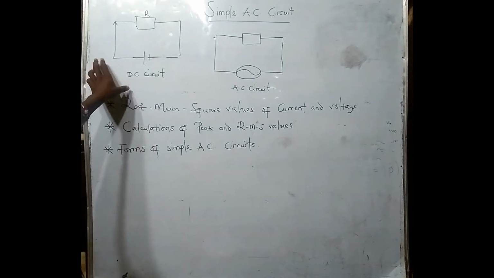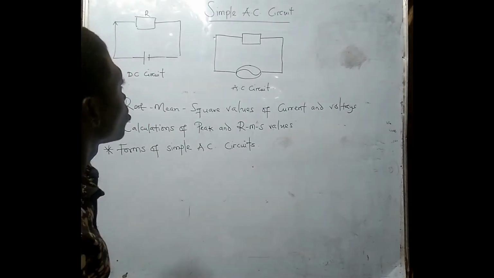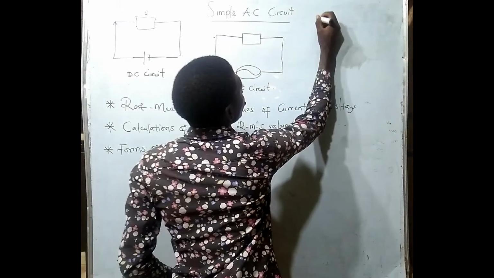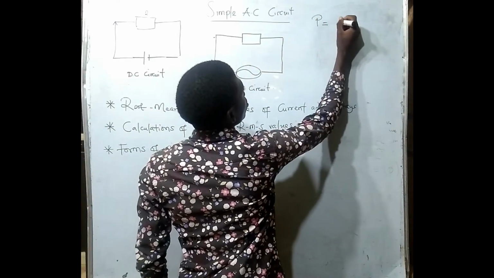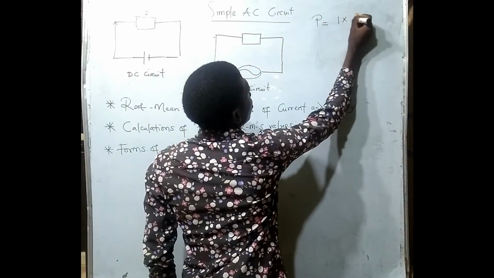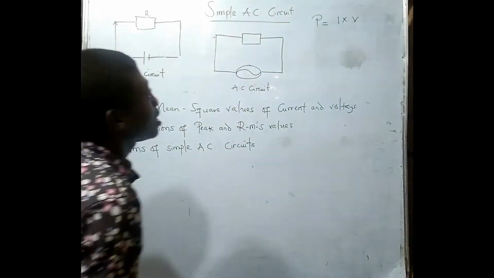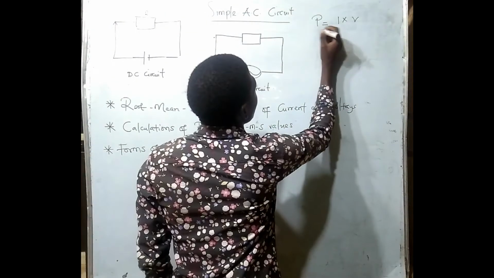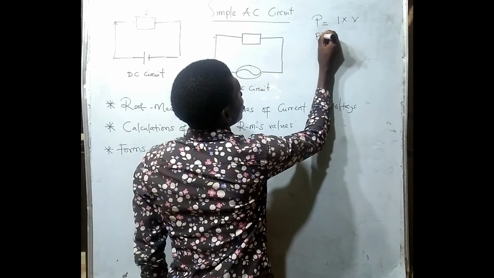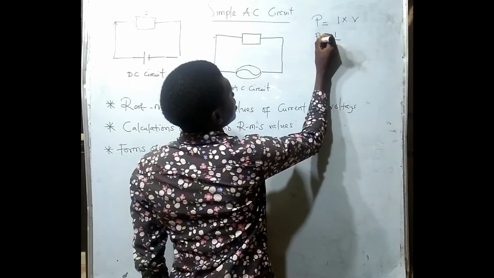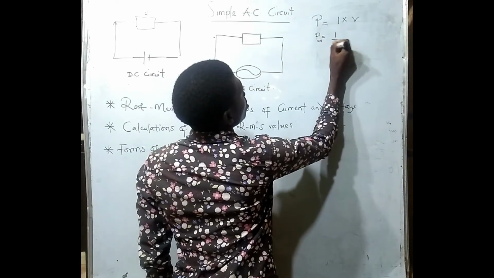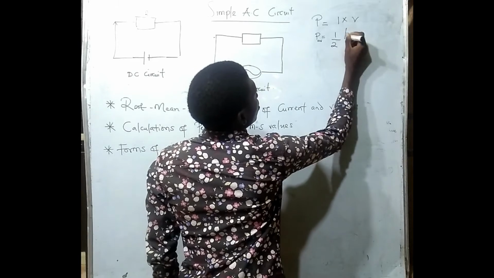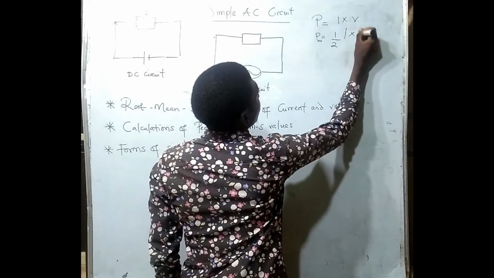That's the average power of a DC circuit. Normally we know that our power is equal to current times voltage. But now we want to consider the average power, which will be half of current times voltage.